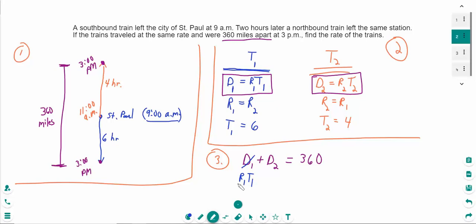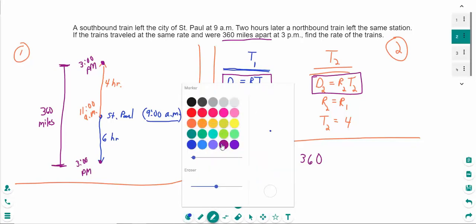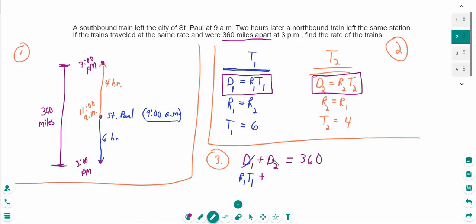D sub 1 is equal to this, so we're going to just cross out the d and put in the r sub 1, t sub 1. In like manner, we're going to do the same thing with the d sub 2. Instead of saying d sub 2, we're going to translate that into rates and times by substituting in r sub 2, t sub 2. R sub 2, t sub 2 is equal to 360. Okay? Now, once that's done, we can ignore this problem. We are done with this equation. All we've done is just rewritten it here in this form.